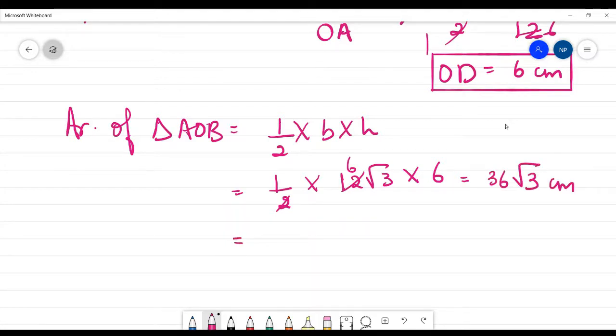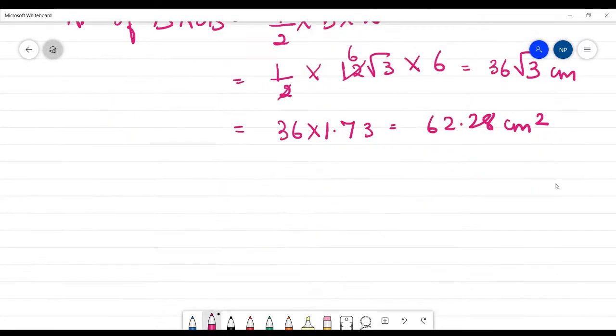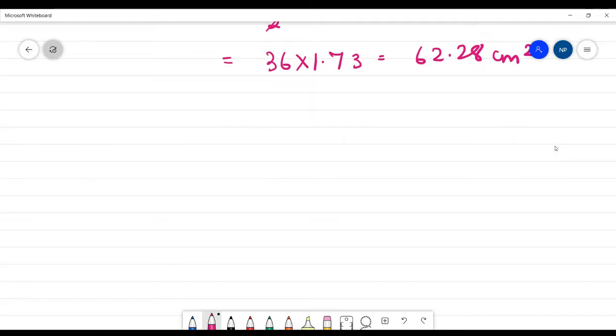On conversion of 36 root 3, in the question it is given as 1.73. So we will write 36 multiplied by 1.73. We get the answer as 62.28 centimeter square. Now that we have the area of the sector as well as the area of the triangle, we will subtract these.